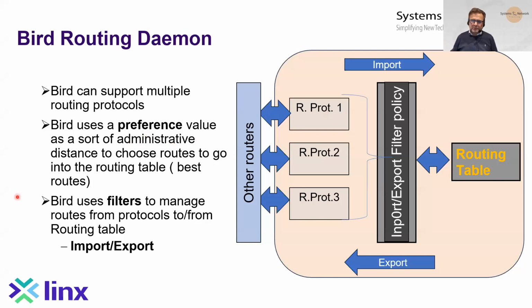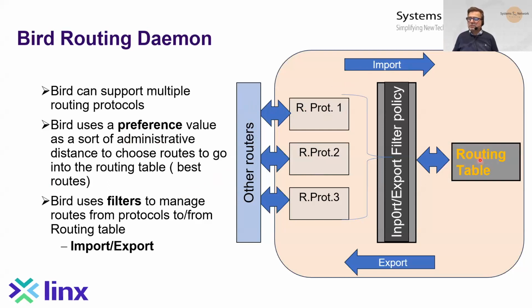The routes use a preference value to add a sort of metric and weight to routes, and those routes that are learned from peers go through an import process, and we'll see this in the configuration file, to get into the routing table.